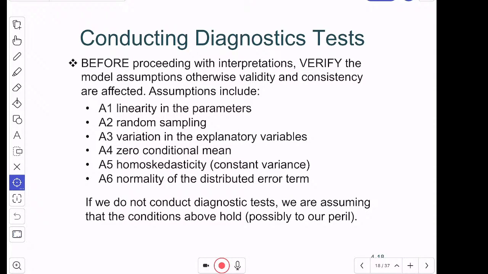Usually people do not conduct these diagnostic tests, but in the process we're assuming that those conditions hold, okay? So I really stress that this is an economics course, it's loaded with assumptions, each model that we look at, and similarly statistics models have assumptions.